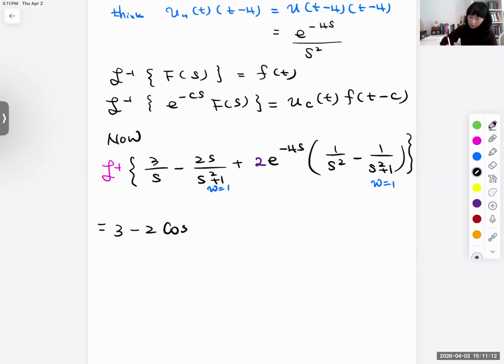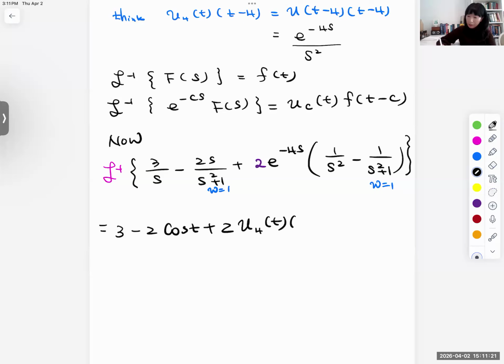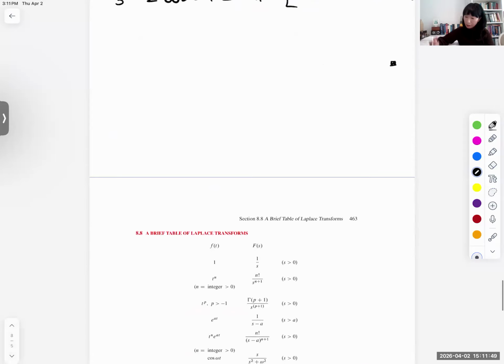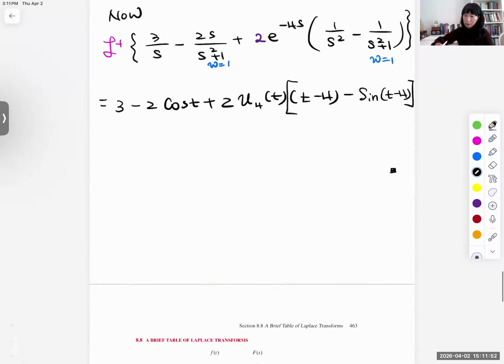Negative 2 cosine t for the second term, plus 2, and then u sub 4 of t and t minus 4 for this one. Yeah, make sense? And I want to make a bracket for the second term. So this will be sine t minus 4. Make sense to you? So we are done with this section, and then there is a Laplace transforms table here.